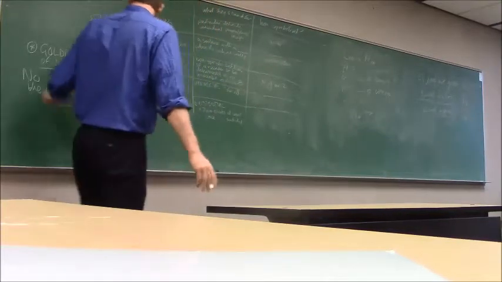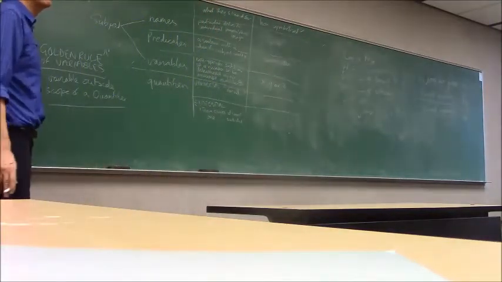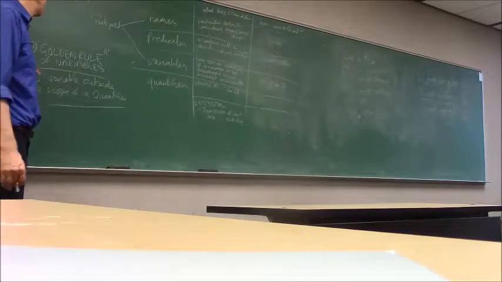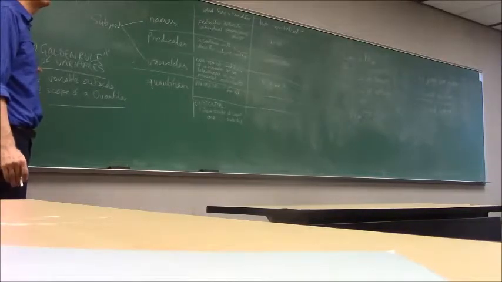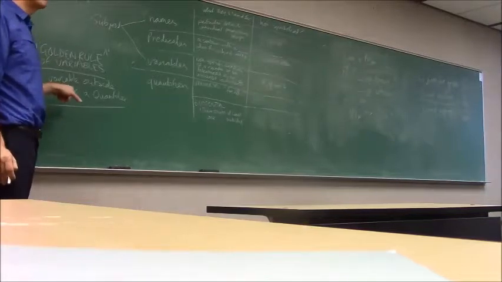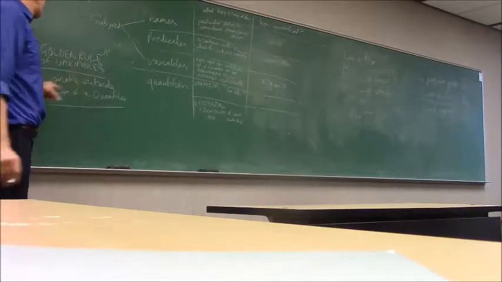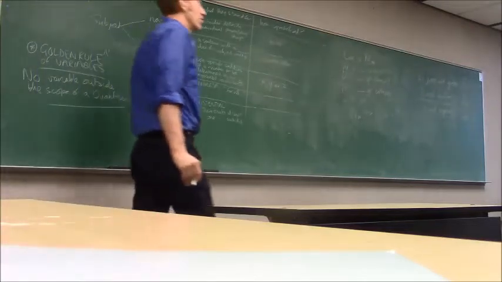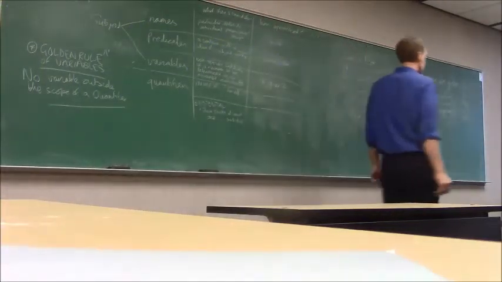Footnote, down here: the golden rule of variables. Write this in blood, because it's very important. That should be the bloody rule of variables. No variable is allowed outside the scope of a quantifier. I will explain exactly what that means in a second.